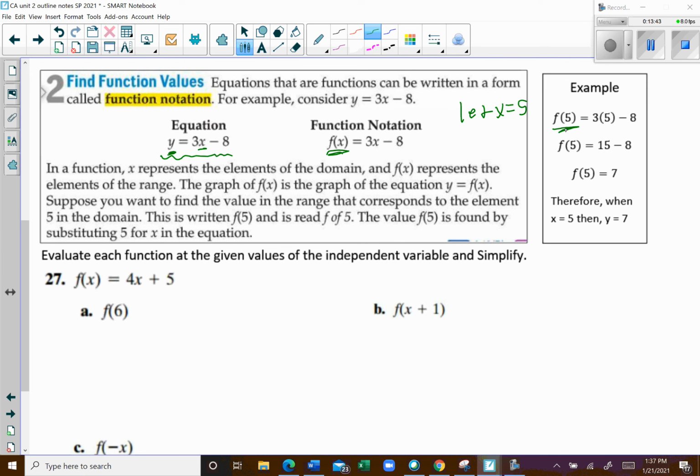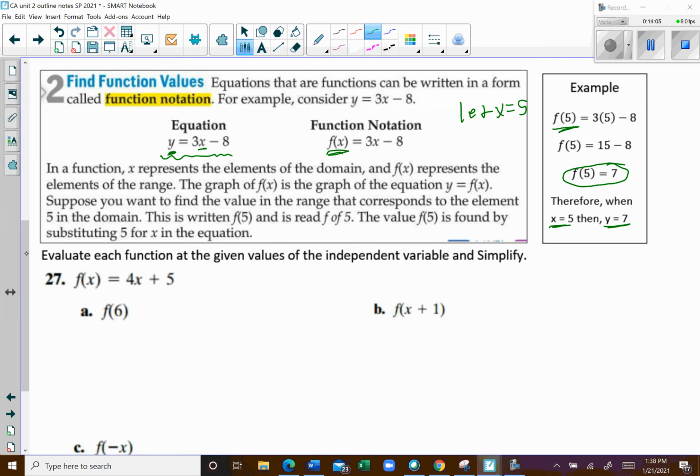And that's basically saying, okay, the x value is going to be 5, plug it in and simplify to get the y value. So I plug it in, 3 times 5 is 15, take away 8 is 7. So f of 5 equals 7. What that basically means is when x equals 5, y equals 7. That's all we're doing here, okay?